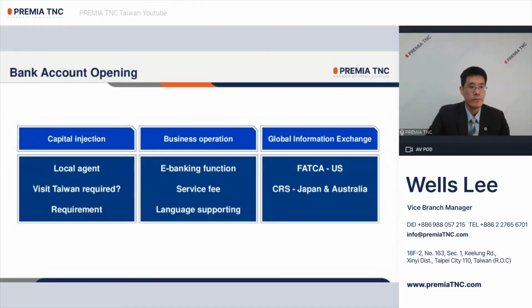Requirements. Different banks have different requirements for new clients. For example, some local government-owned banks only accept clients whose location is close to the bank. If the location is not close to the bank, they will refuse and ask you to go to the bank near your office.